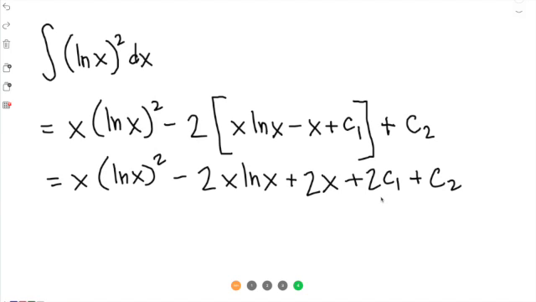Alright, so this is 2c1, this is still a constant, and this is c2, another constant.